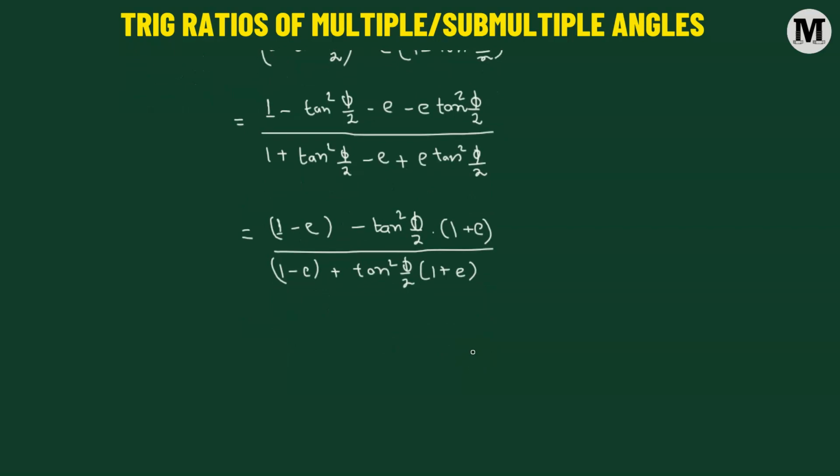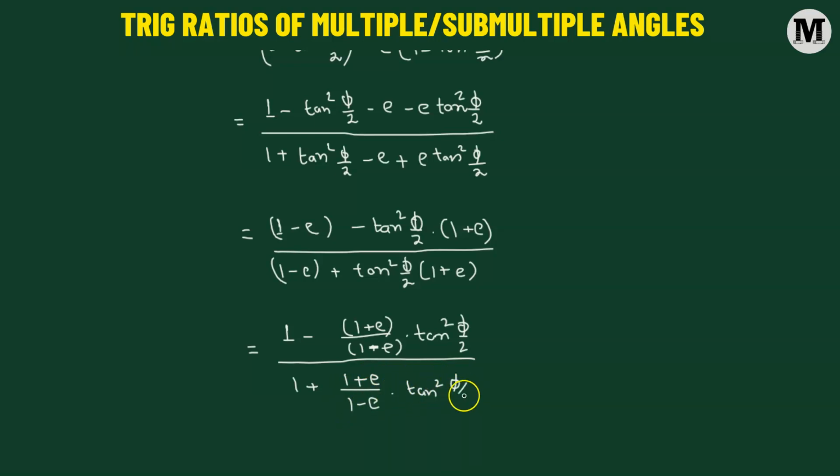Now we'll divide both numerator and denominator by 1 minus e, such that we get 1 minus (1 plus e over 1 minus e) multiplied by tangent squared phi over 2, whole divided by 1 plus (1 plus e over 1 minus e) multiplied by tangent squared phi over 2.